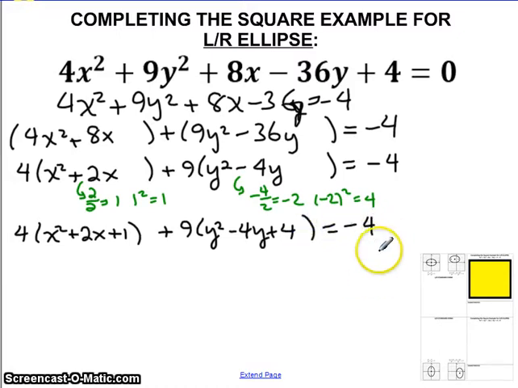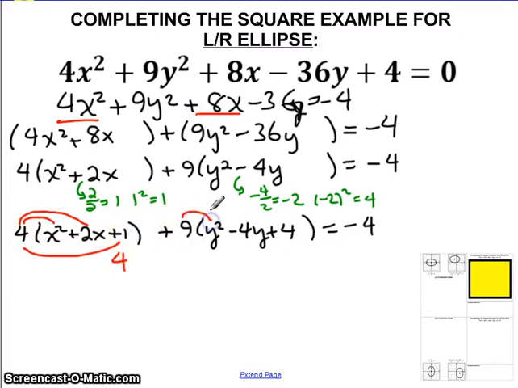4. Now, I added my numbers on this side, and I have to add numbers over here, but this is another place you have to be careful. Look what happens if I redistribute the 4 and the 9 back into these quadratics here. I'm going to get 4x squared, I'm going to get 8x, and I'm actually going to get 4 right here, 4 times 1.